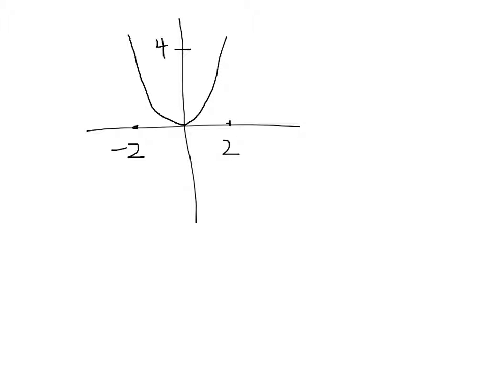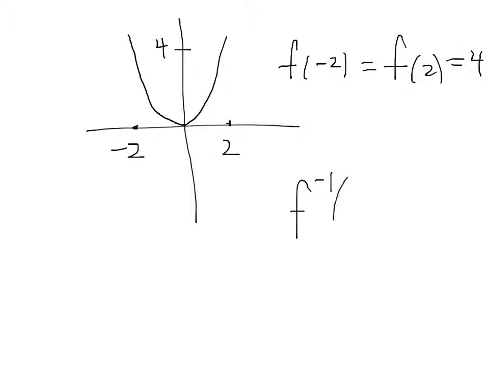So f of -2 is the same as f of 2, which is 4. How do I undo 4? You switch it, so it would be f of 4 equals f of -4. You switch the x and y.